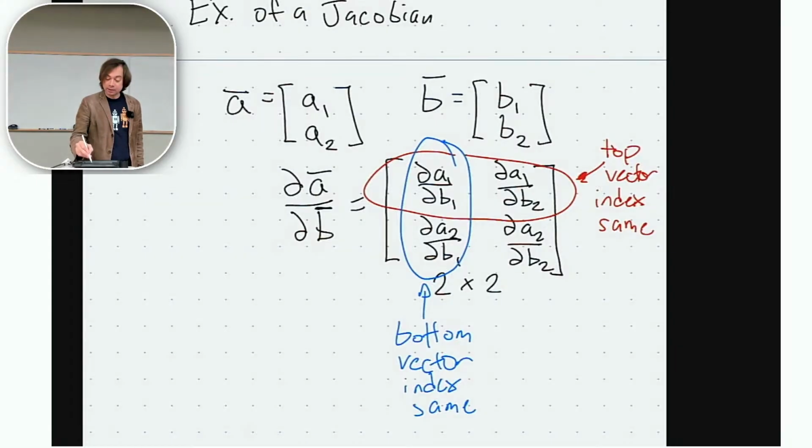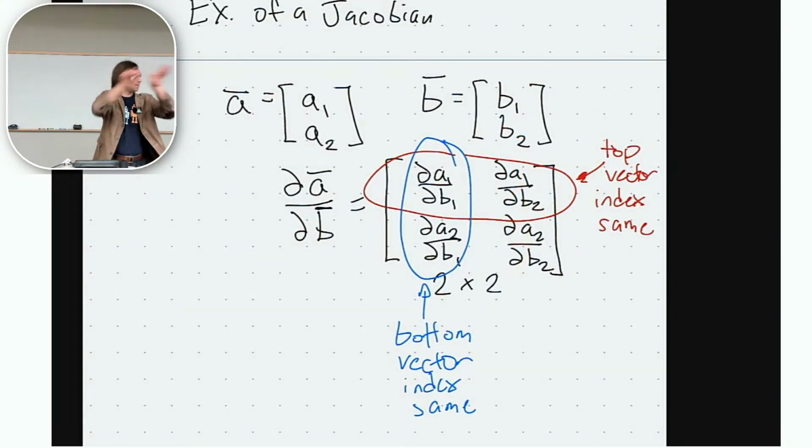If I add another element of B, or I take one away from B, let's say I scratch out this B2, what changes about my Jacobian? Anybody? Yes. It would cross out this column. So it would be a 2 by 1. Yeah.